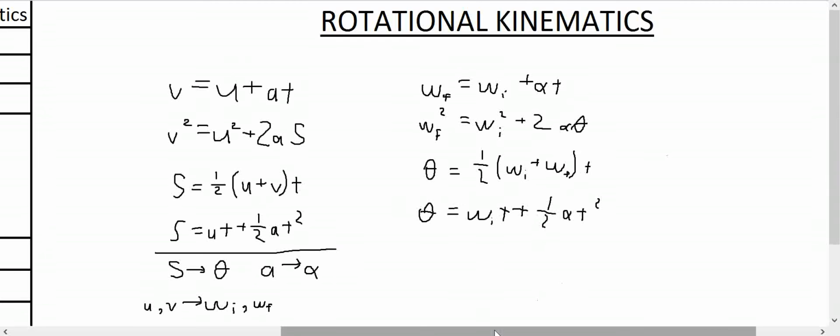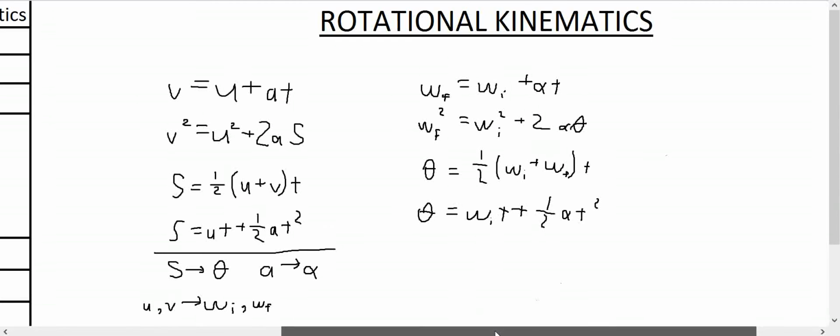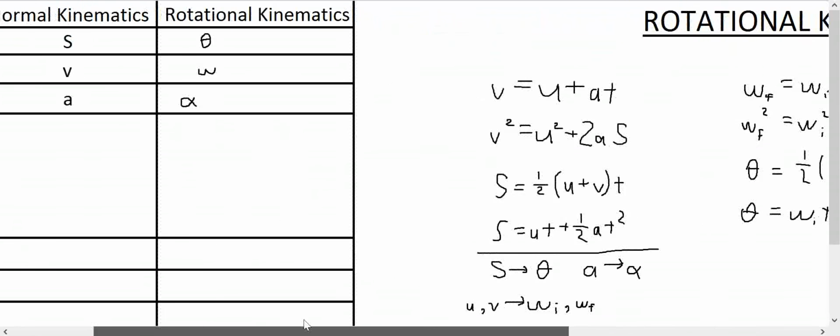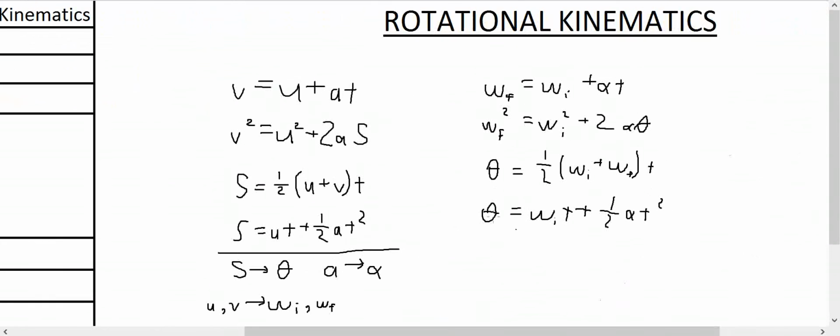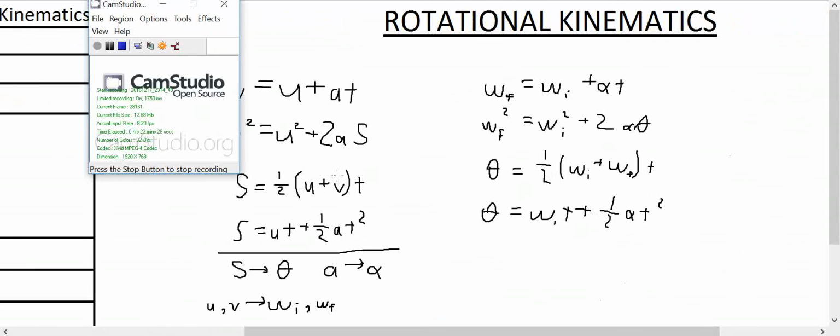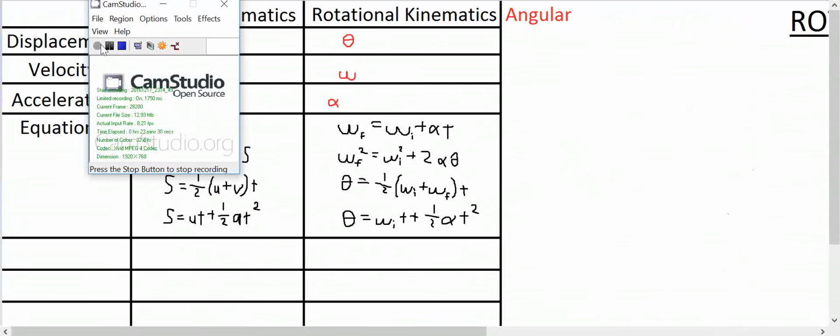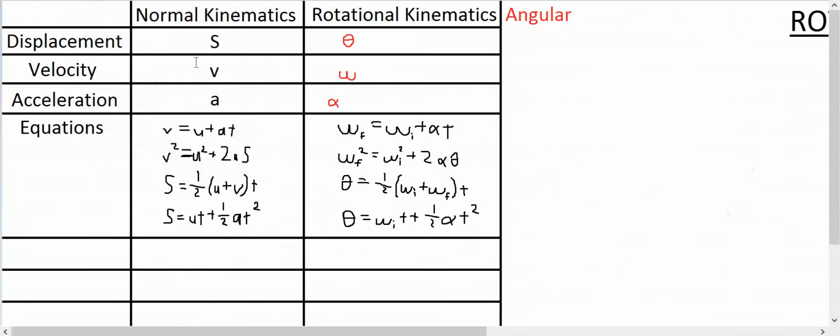Okay, so in fact these equations can be used in rotational kinematics if you ever need them. I've added the equations, and as you can see, these things are red now.